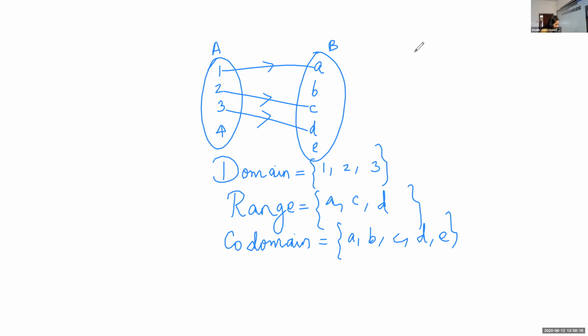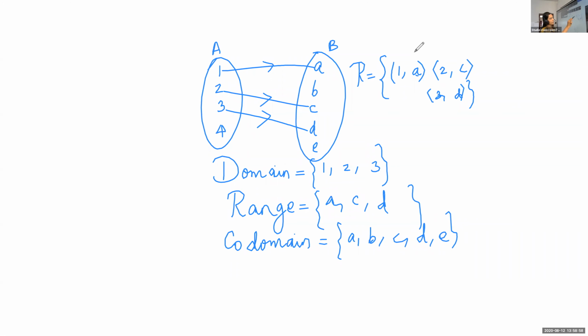If I want to write this relation in roster form, we write R equals the ordered pairs (1, A), (2, C), (3, D). We call the second element the image of the first element.